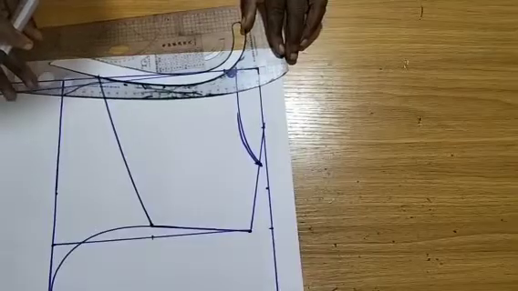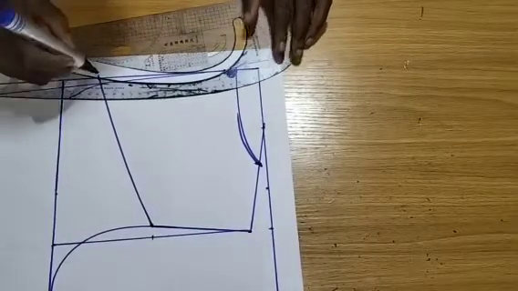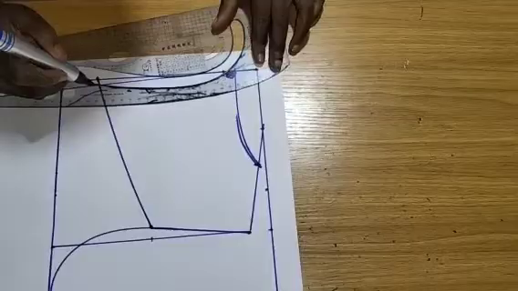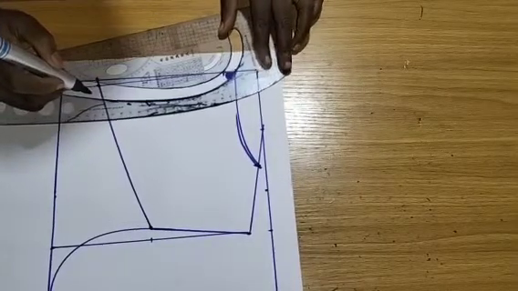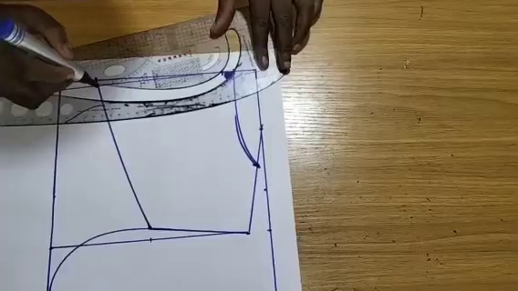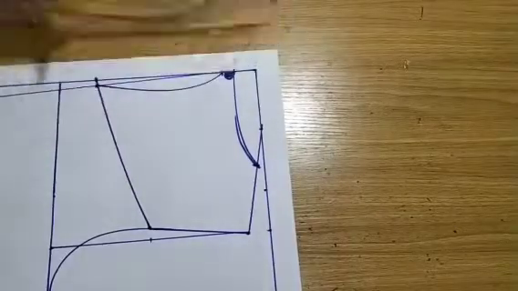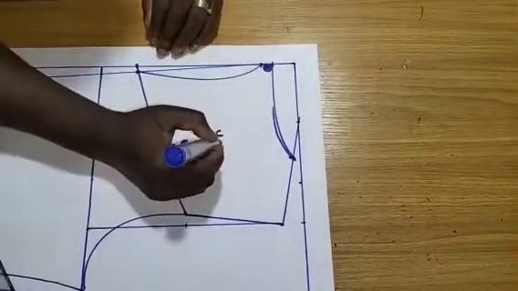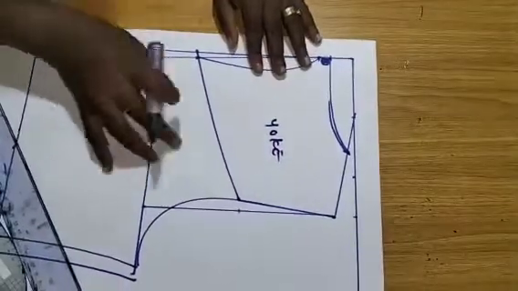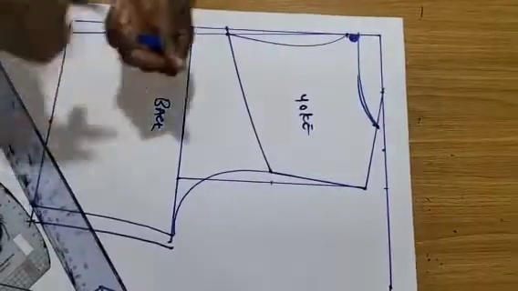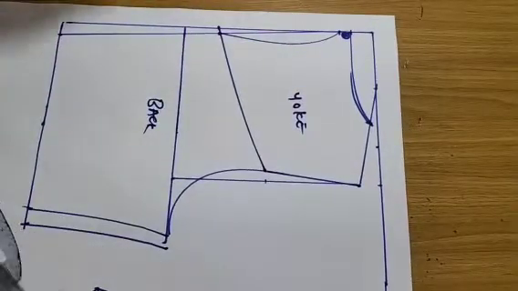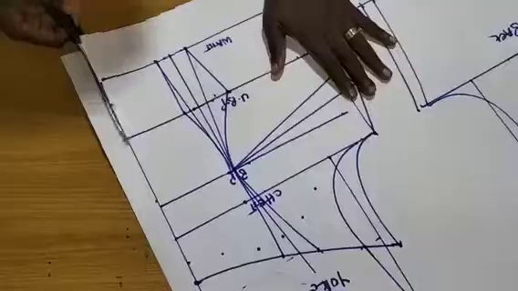I like to connect my yoke this way whenever I'm making yoke necklines like this. So this is the actual back now. I just use the inner part of my ruler and connect. So this becomes the back yoke for this dress, and this becomes the body's back. So we are done, and I'm going to cut out what I have on.